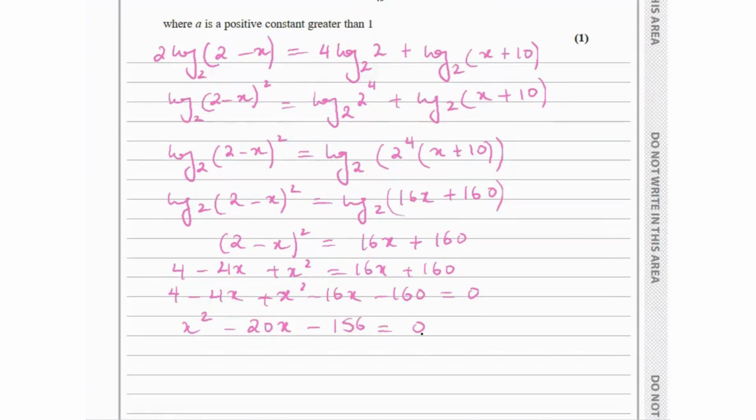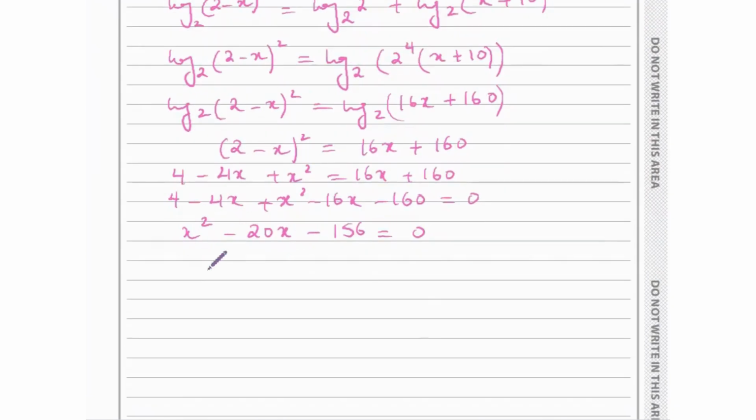Once you've done that, you can factorize the quadratic equation. So factors of 156 that we can use over here are 26 and 6. When we subtract them, they give us 20. So let's use those to factorize it. Factor by grouping them.